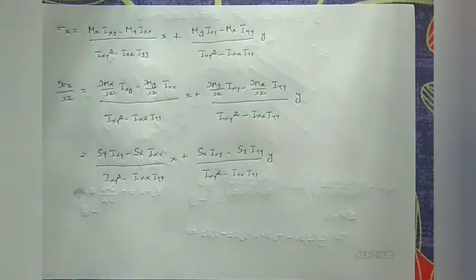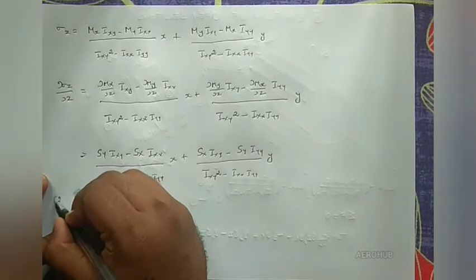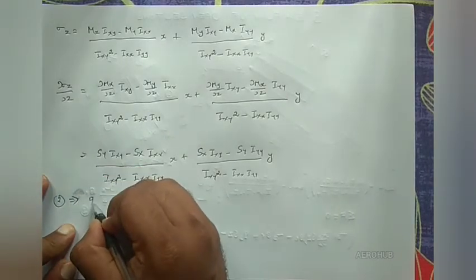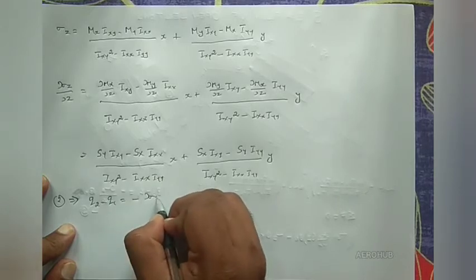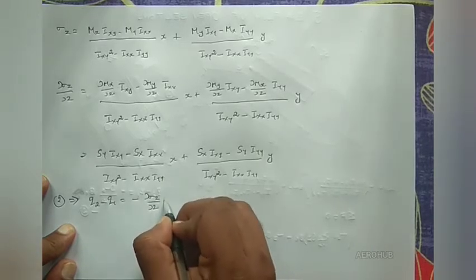Okay, from equation number 2, Q2 minus Q1 is equal to negative of ∂σz/∂z into BR.